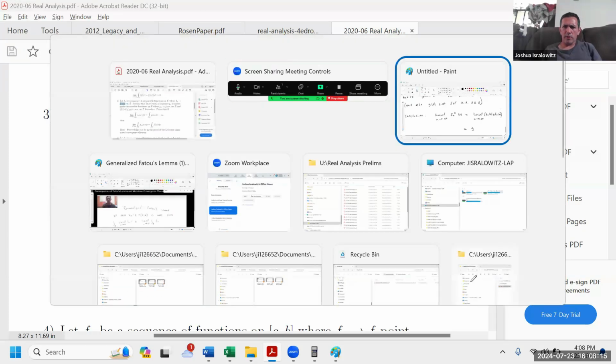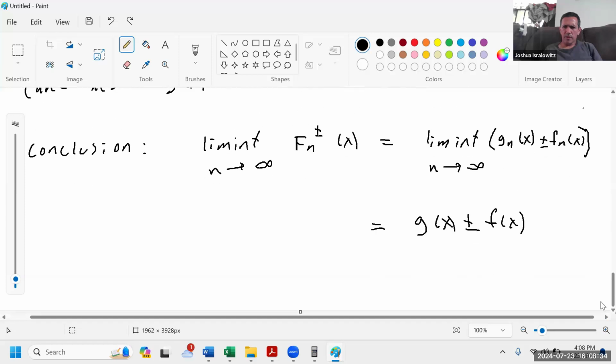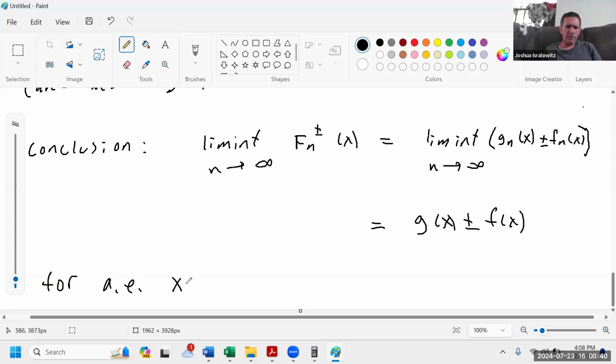So almost everywhere, this equals G plus or minus F. I mean, each one of these is non-negative almost everywhere on X. And so in particular, this is going to be non-negative almost everywhere on X.